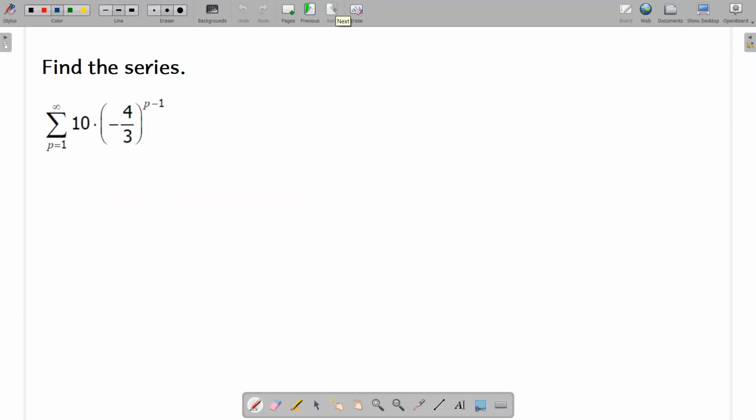This will be our last one. This is another infinite geometric series. And if we look at that R value, we have another one where the R value, when we take the absolute value, is not less than 1, which tells us that this is divergent.